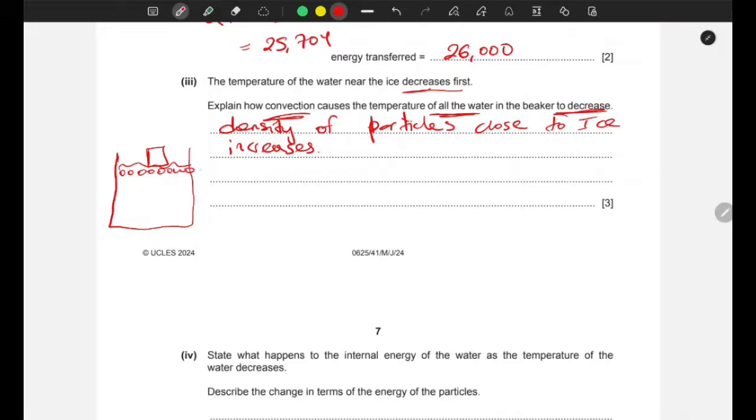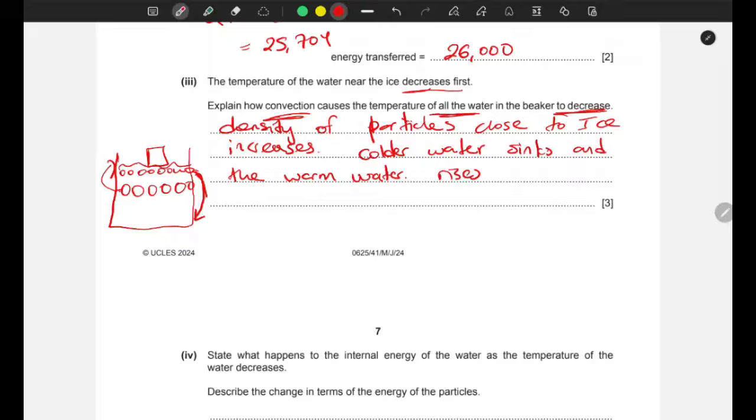And then after that, when the density increases, these particles move downwards. And let's say we have other particles which are warm. When the colder ones go down, the warmer ones go back up. So the colder water sinks, and the warm water rises.